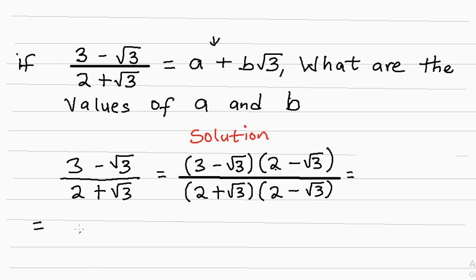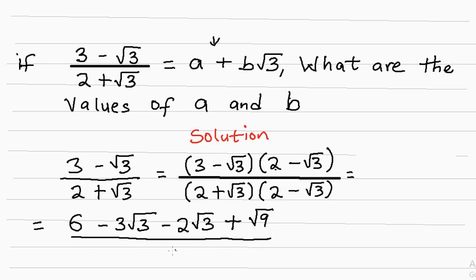Okay, let's multiply. 3 times 2 is 6. 3 times minus root 3 is minus 3 root 3. Now I start multiplying by minus root 3. Minus root 3 multiplied by 2 is minus 2 root 3. Then minus root 3 multiplied by minus root 3 is plus root 9, the square root of 9.